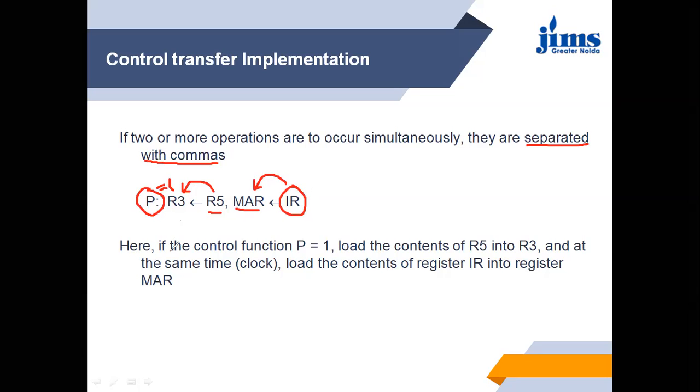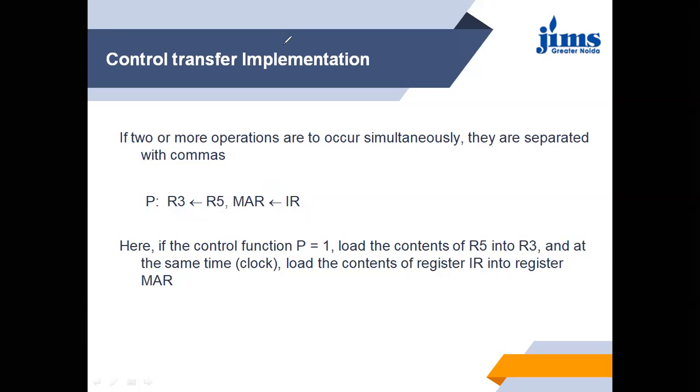So here, if the control function P equals 1, then load the content of R5 into R3, at the same time. You can see from here, at the same time or same clock, the content of R1 is transferred into MAR.